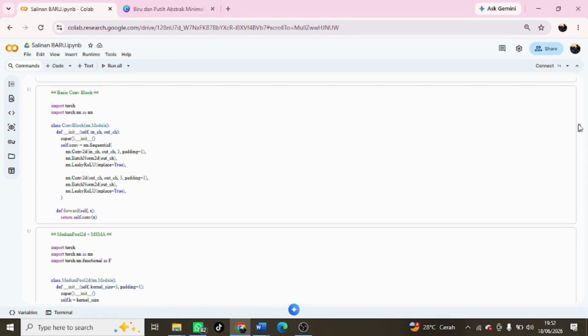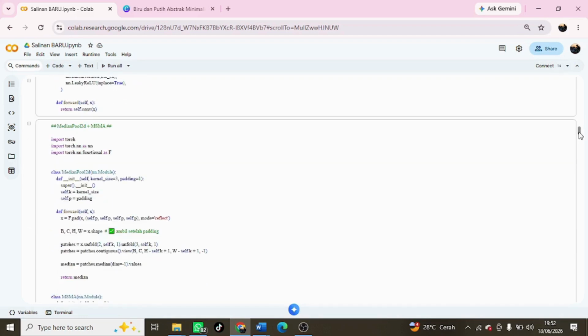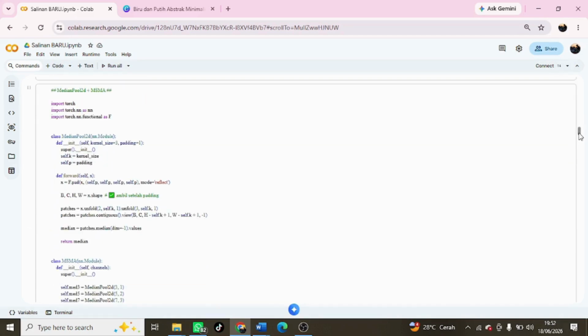To support this process, several additional modules are used: conv block, MSMA, insertion DMK, and GRU refinement. Each of these performs a distinct function in feature extraction and secret message embedding.